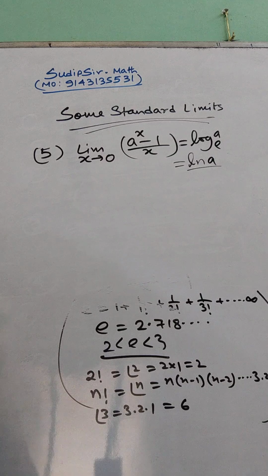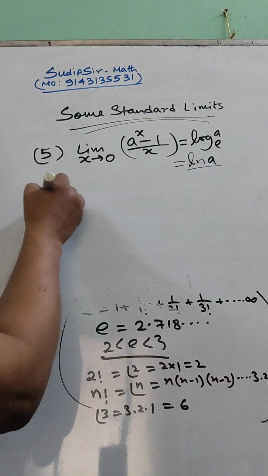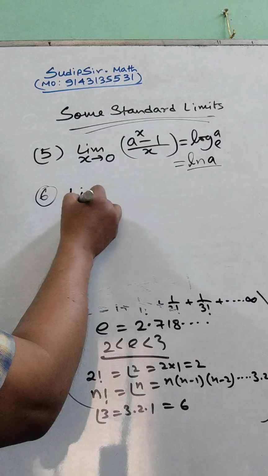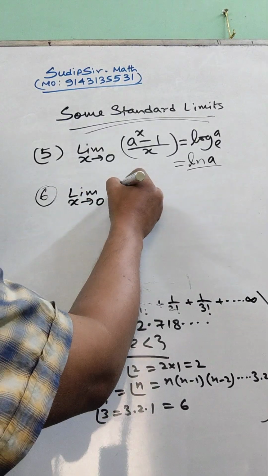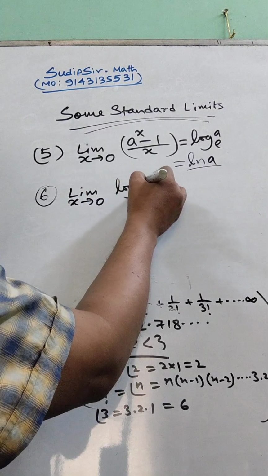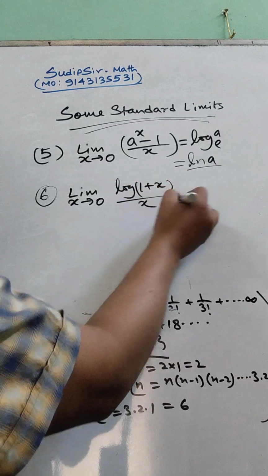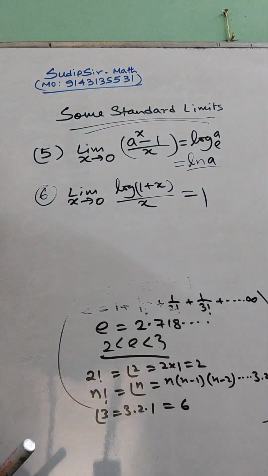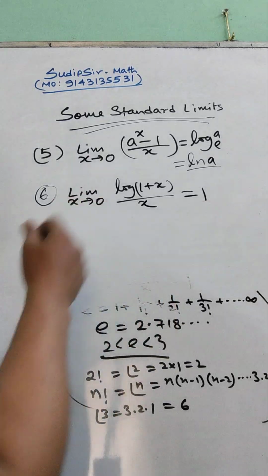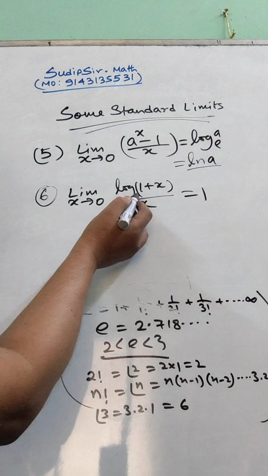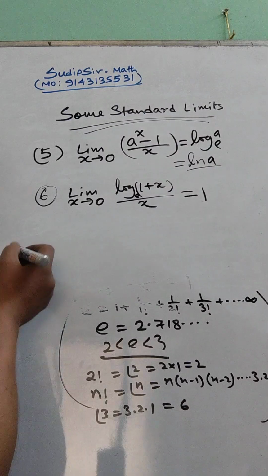Now another: the limit as x tends to 0 of log(1 plus x) by x will be 1. It is a standard limit, and this is also base e.